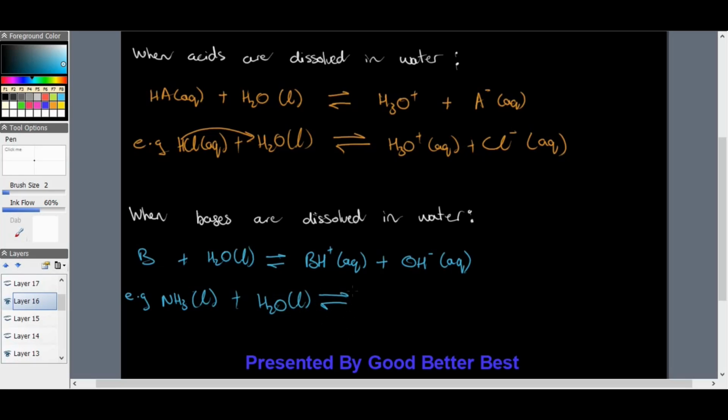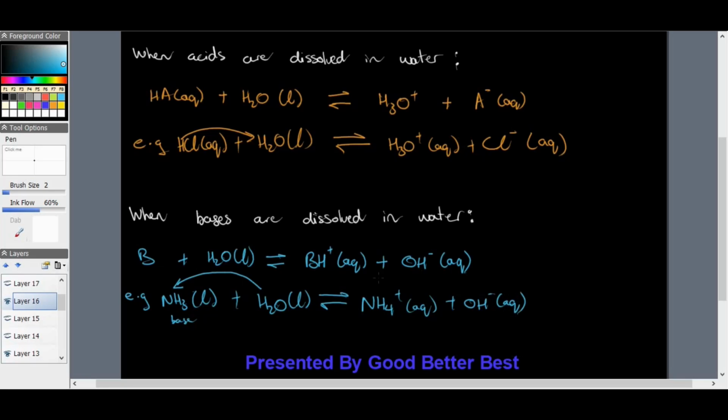So in this case, because this is our base, our water will act as an acid here, meaning that it will donate a hydrogen to NH3, which will take that to ammonium, NH4 plus in aqueous solution, plus our hydroxide, OH minus, also in aqueous solution.